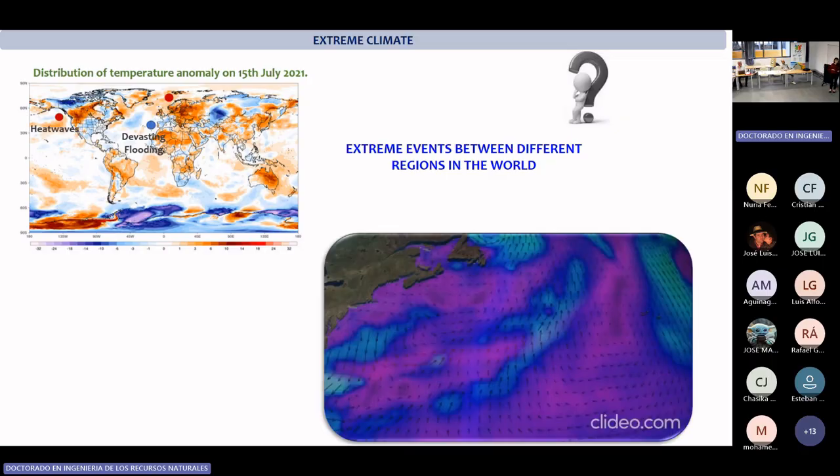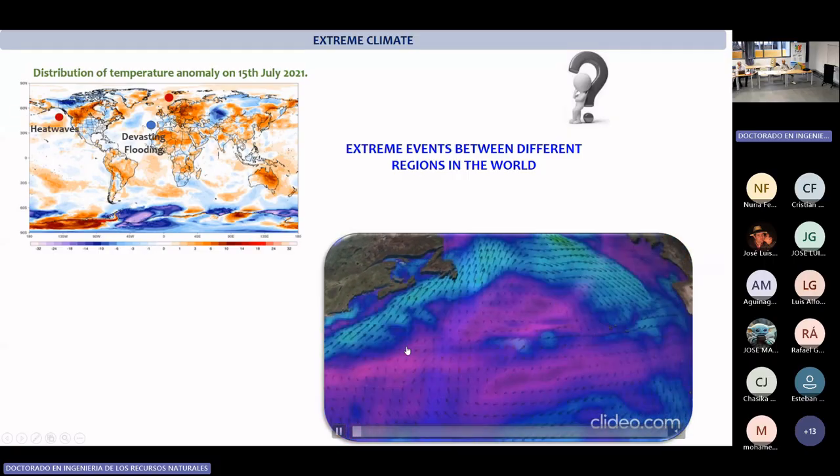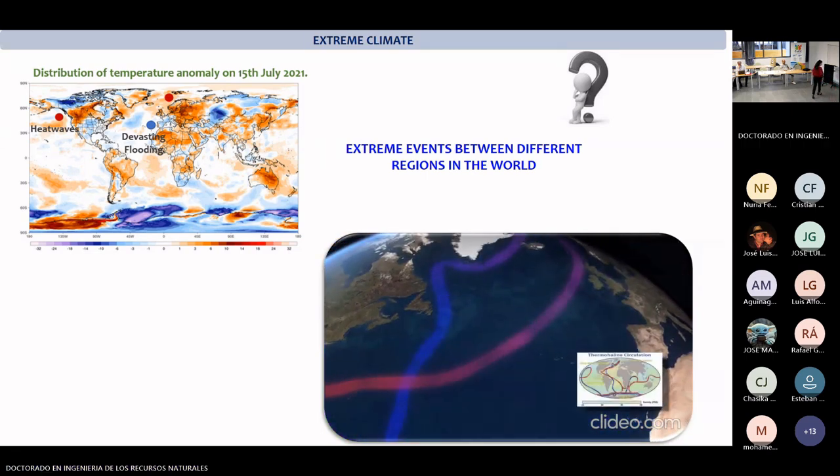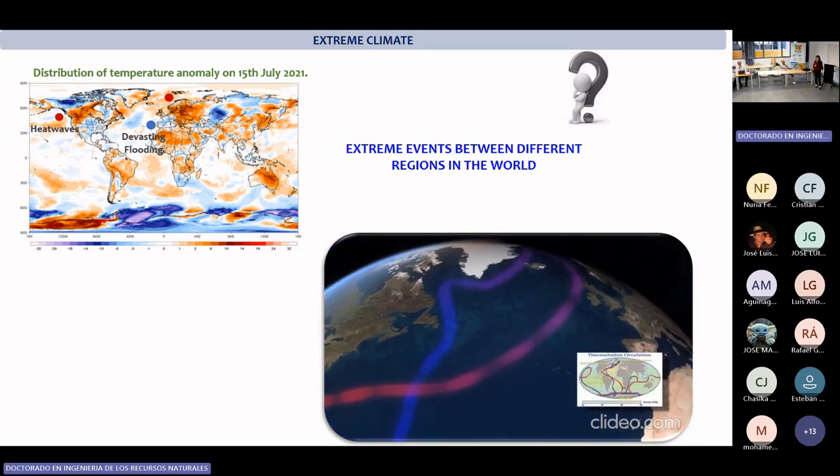The previous works have demonstrated that the occurrence of extreme events and their interdisciplinary nature are related to some global mechanisms, basically atmospheric circulation and the Gulf Stream.